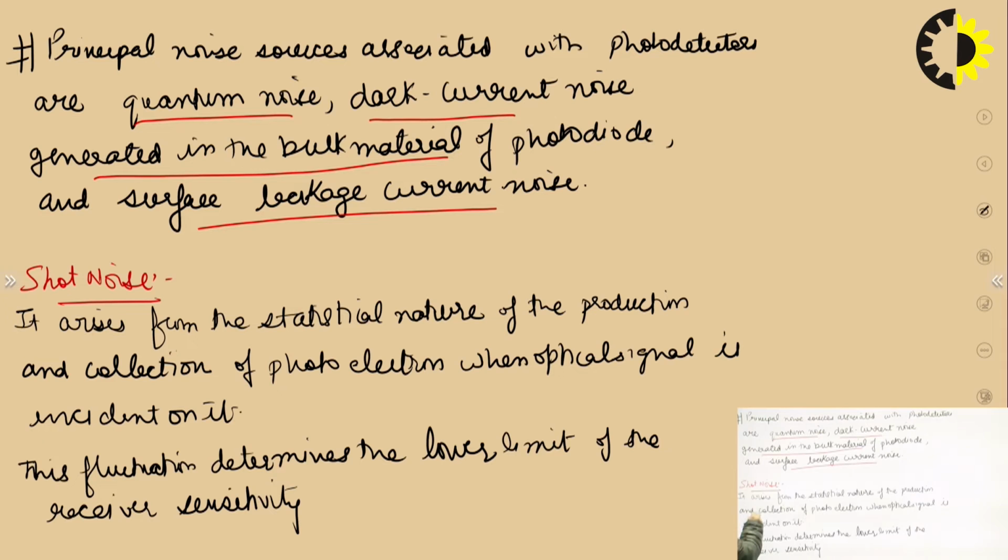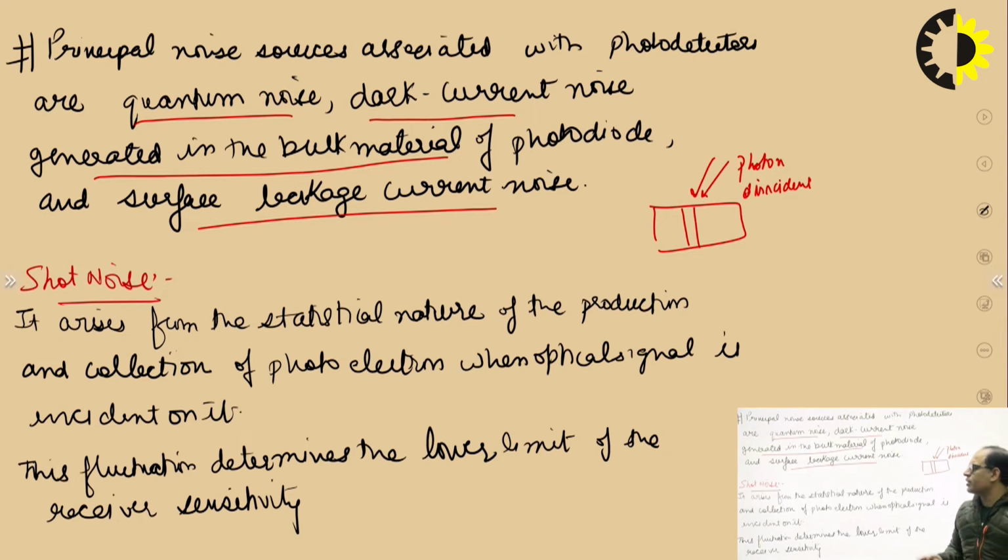This shot noise arises from the statistical nature of the production and the collection of the photoelectrons when an optical signal is incident on it. Means, at the photodetector, when a photon is incident on it, there will be a generation of photoelectrons.